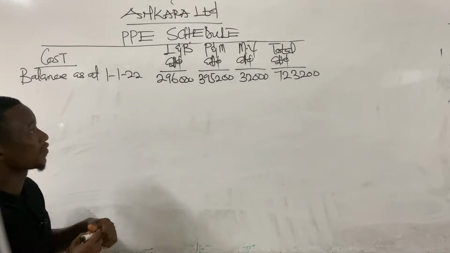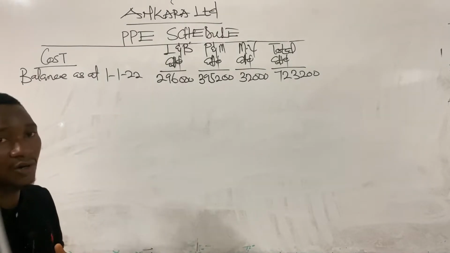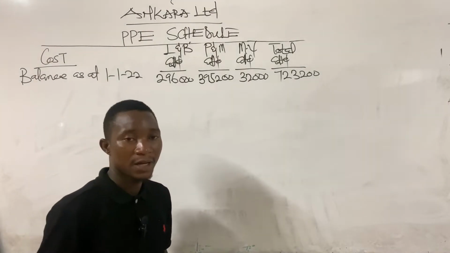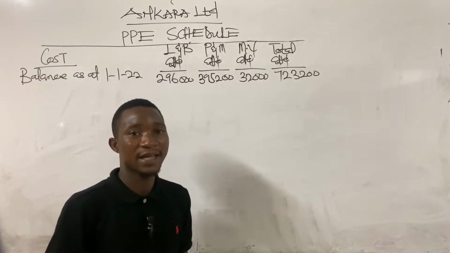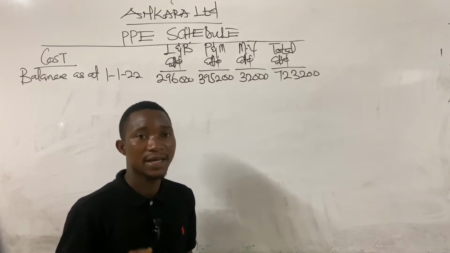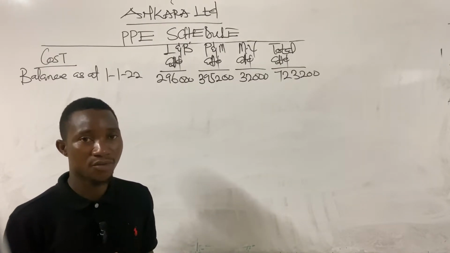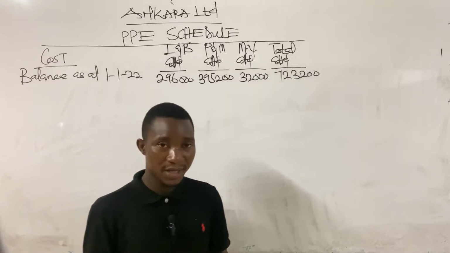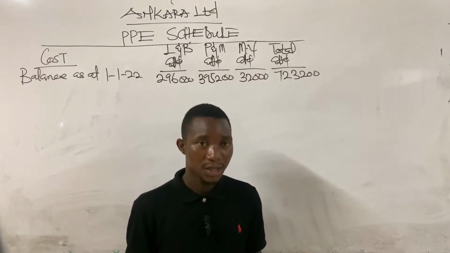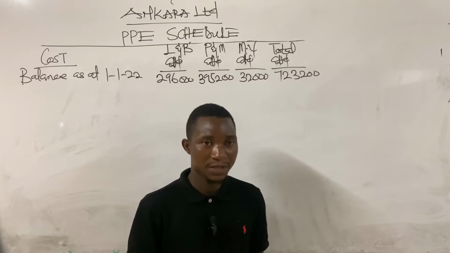Very good. So after recording the opening balance, the first question we ask ourselves is, is there any acquisition, is there any disposal, and is there any revaluation? From this question, there is no revaluation. So we consider disposal and acquisition.